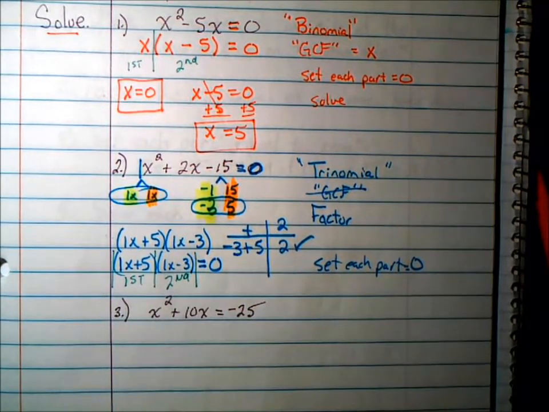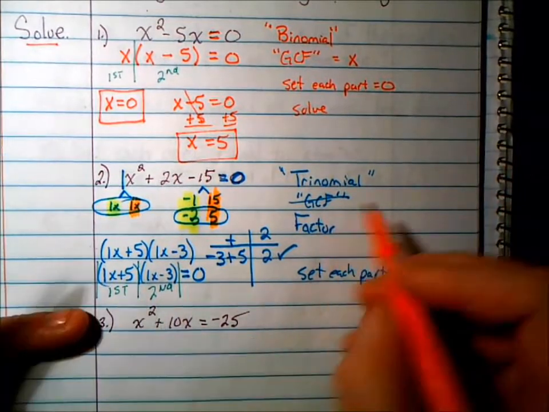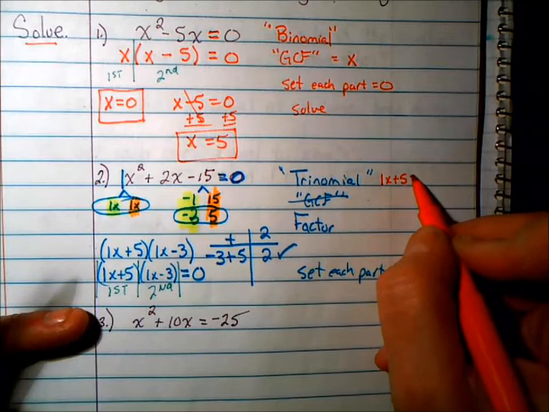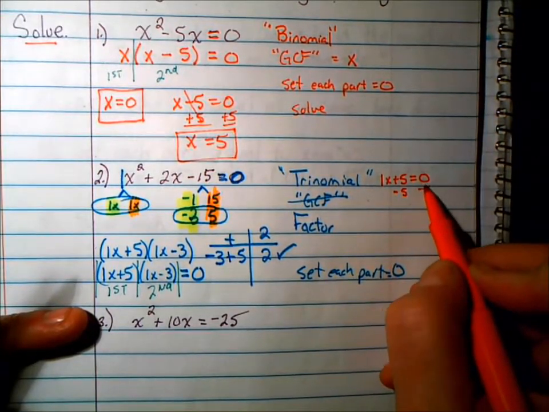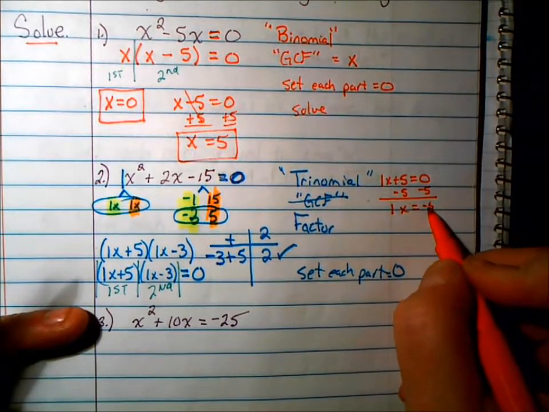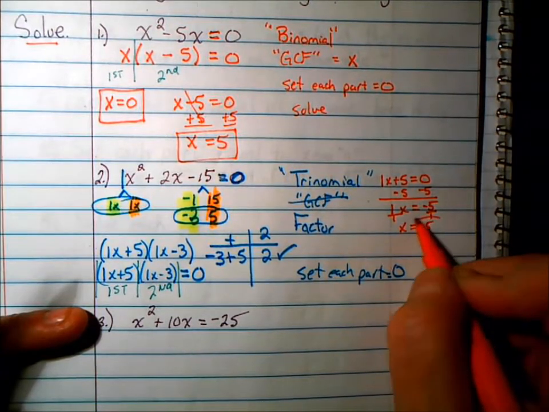So for the first one I'll have 1x plus 5 equals 0, which means I'm going to subtract 5. I'll have 1x is equal to negative 5. If I divide by 1, I have x is equal to negative 5. There's one answer.